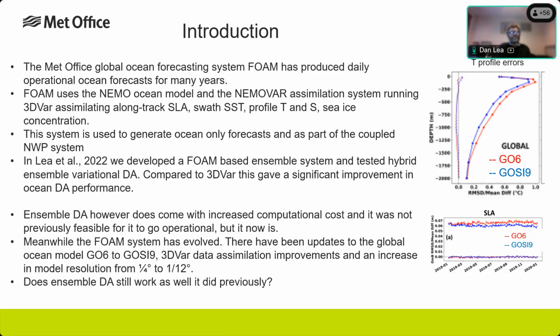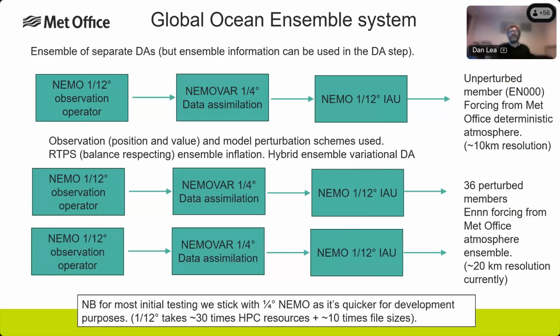The worry is that we were seeing similar improvements from ensemble DA, so will we still be able to benefit from doing it as we did previously? That's the question. Since I'm going to give a talk about it, you can assume that it did still improve things, but anyway.